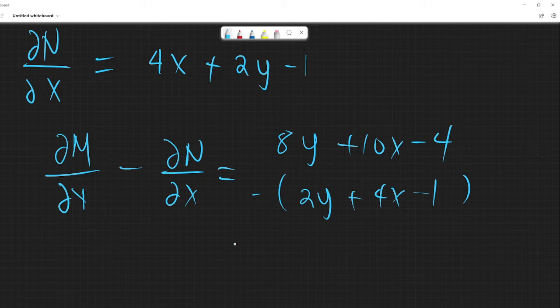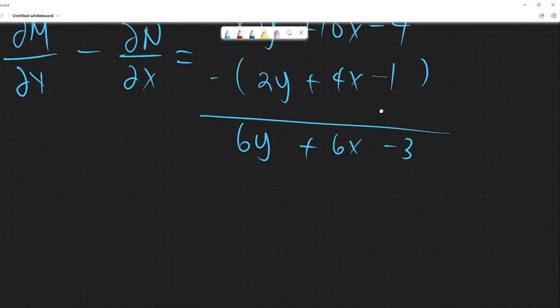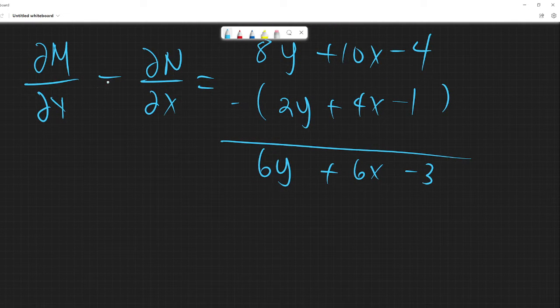So here we have a function that is 6y plus 6x minus 3. After getting this, we will divide the difference of the partial derivatives by the function related to this negative sign.